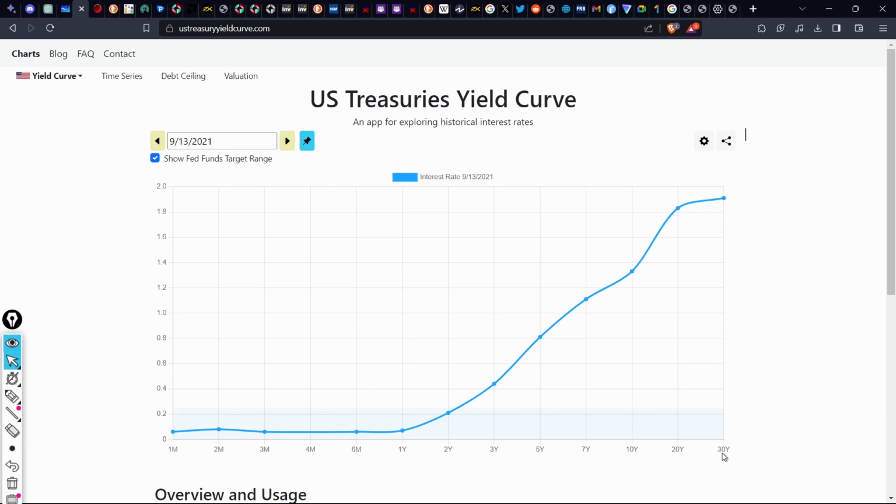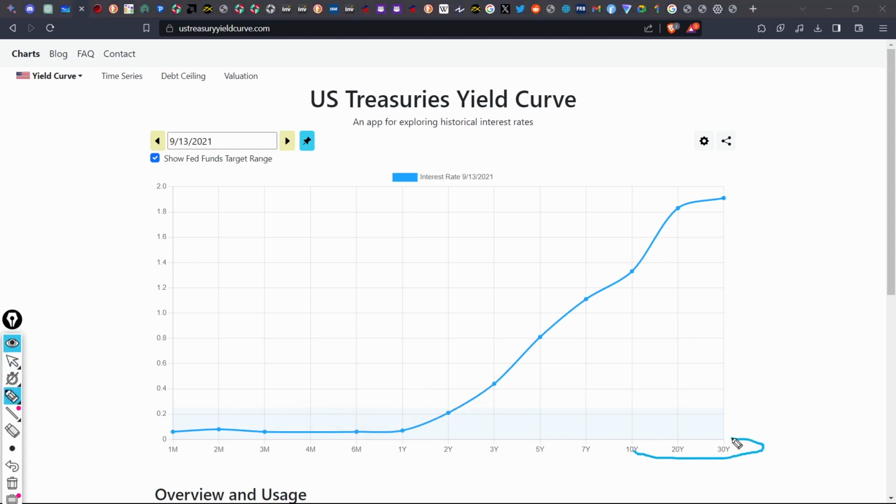That's obvious because a lot can happen in 30 years, so the risk is higher in the longer term. That's why the reward is high.